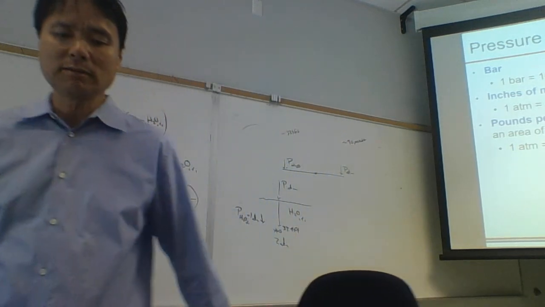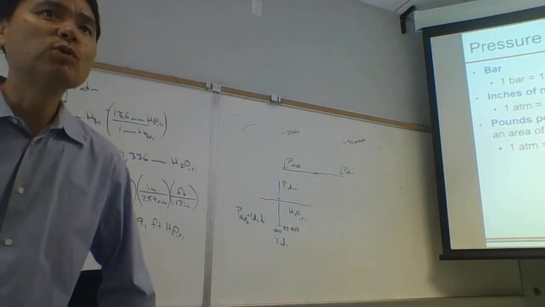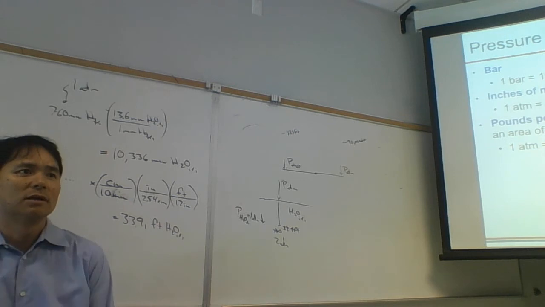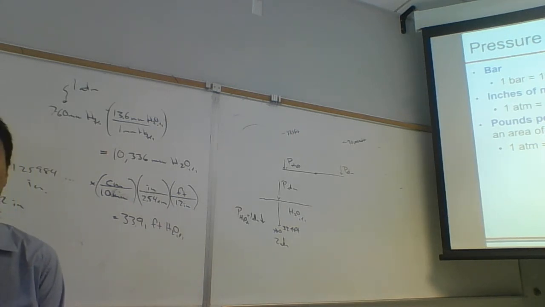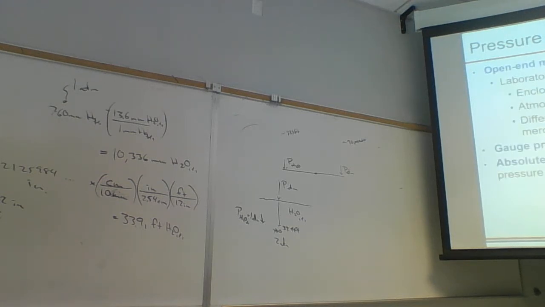I said 15 pounds. But really it's 14.7 pounds. I just rounded it to 15 to make it a little easier. But if you need better accuracy and precision, then use 14.70. Okay.